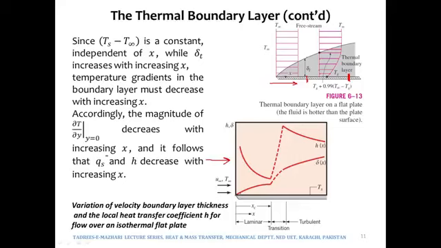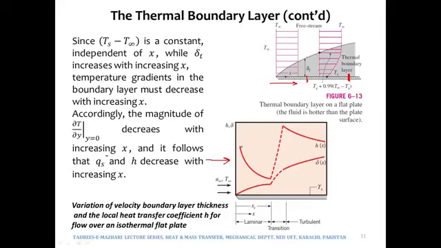So in the laminar region we see an increase in the boundary layer, and then in the transition region we show it in that manner due to the formation of eddies and all that, and then it again increases. So it again follows the same trend it was following in the laminar region, an increase in the thickness of the thermal boundary layer.